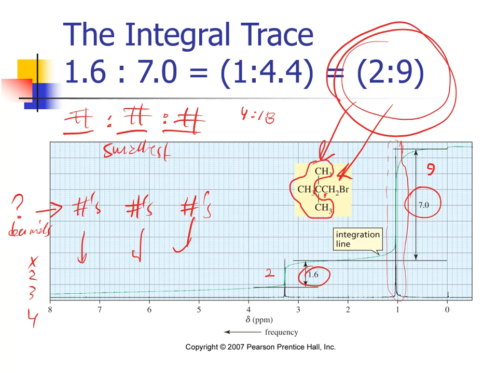I just multiply each one of these by 2. Or it could be a 6 and 3 times 9 is a 27. 6 of one hydrogen, 27 of another. Or I can multiply by 4. 4 times 2 is 8, 4 times 9, 36. I could have 8 of one type of hydrogen and 36 of another type of hydrogen.